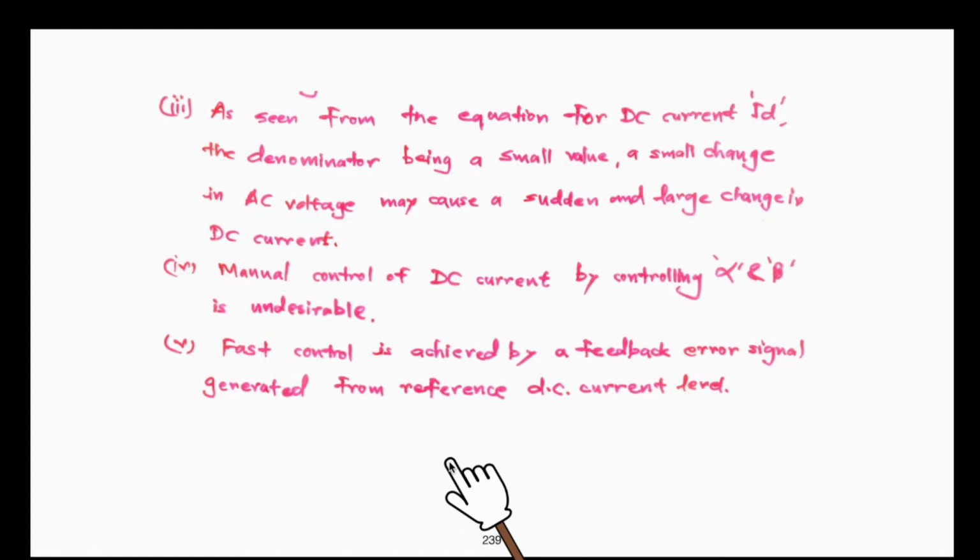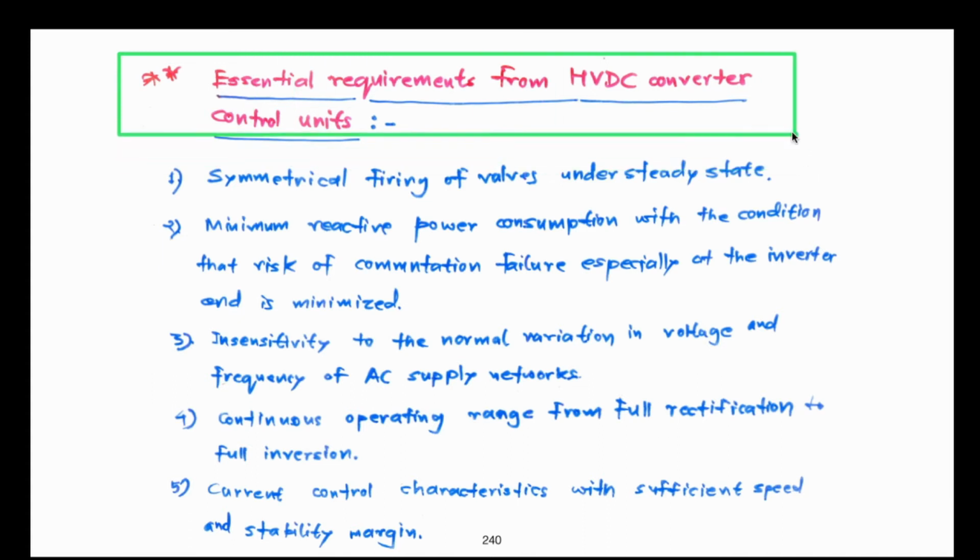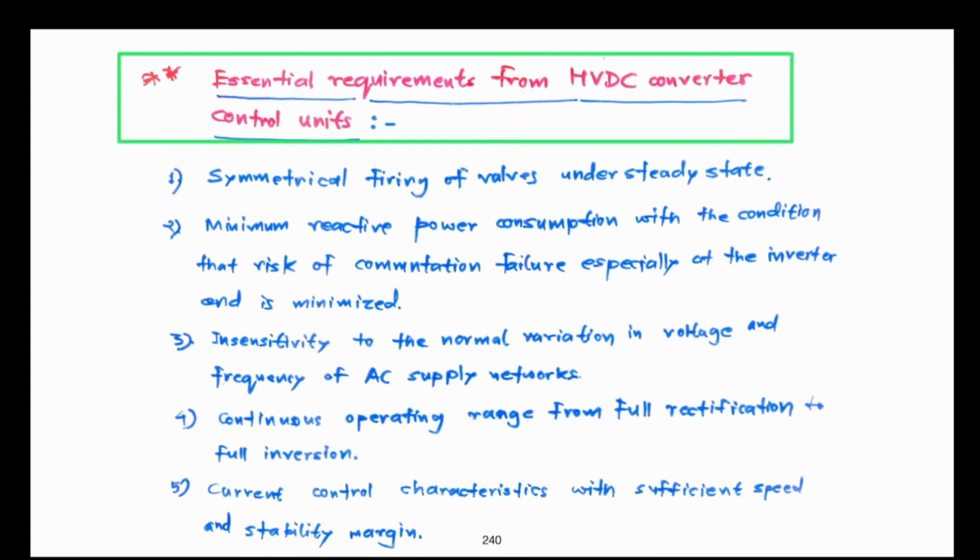Let us now move ahead and check the essential requirements from the HVDC converter control units. Very important. If you realize this, then naturally you are able to design a very good controller for the HVDC system. What are the essential requirements for the HVDC converters?